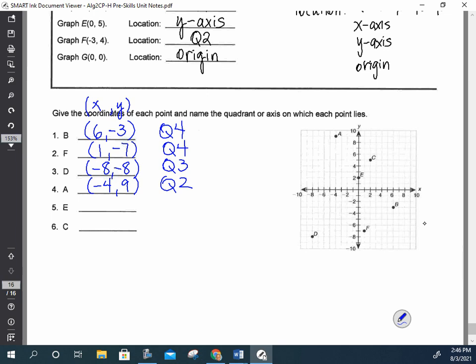Point E. Point E is right there. Notice that with point E, if you're starting at the origin, you don't have to go left or right to get there. All you have to do is go up 2. So your left to right movement is 0. You're going up 2, which puts you on the y-axis.